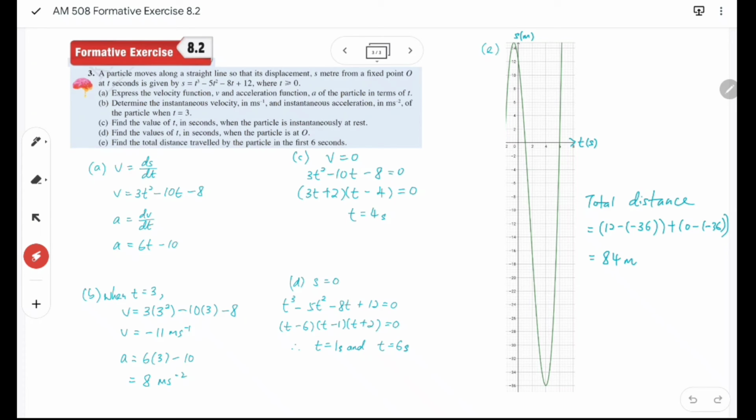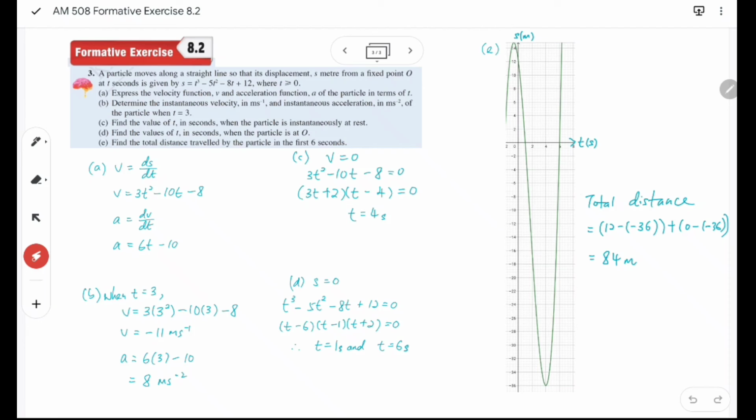We get all the roots: t equals negative 2, t equals 1, and t equals 6. So from the roots, we write back (t minus 6) times (t minus 1) times (t plus 2) equals 0. So we know t will be equal to 1 and t will be equal to 6. The particle will be back at point O.